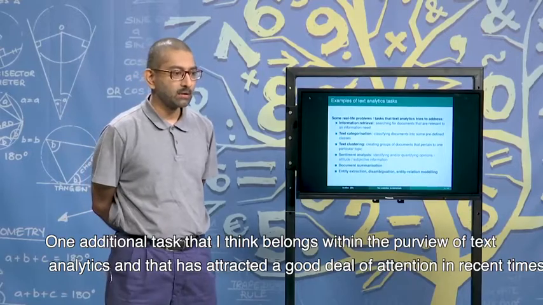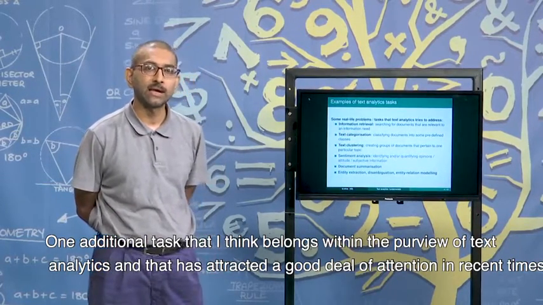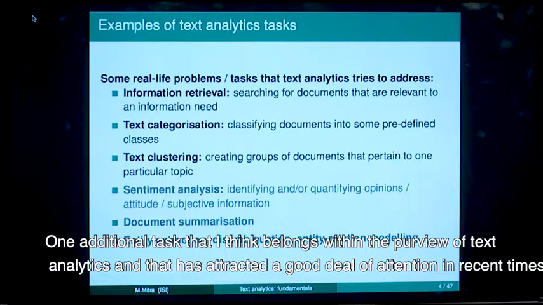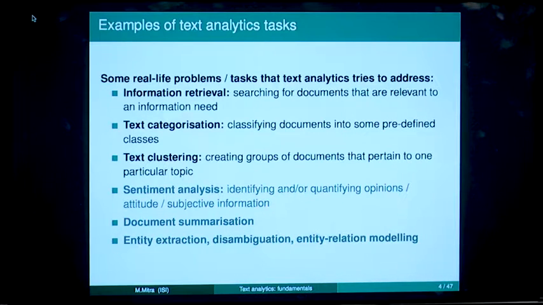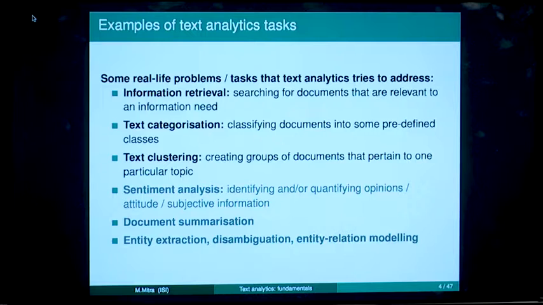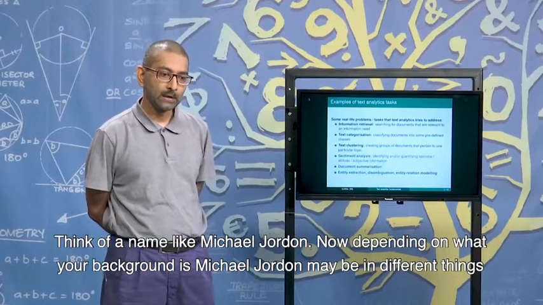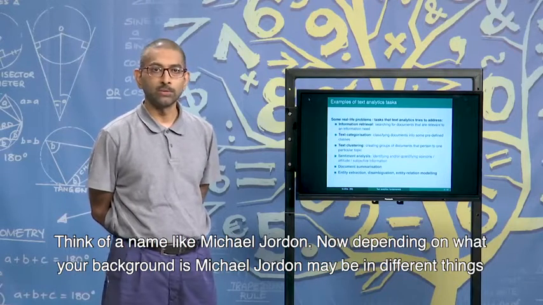One additional task that belongs within the purview of text analytics and has attracted a good deal of attention in recent times is entity extraction, entity disambiguation, and trying to determine relationships between entities. That is best explained using an example. Think of a name like Michael Jordan.